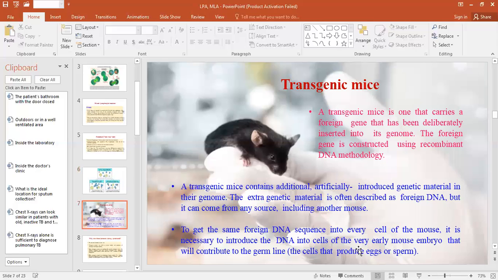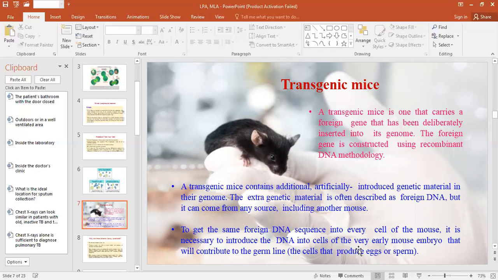Next, I'm coming to the transgenic mouse. A transgenic mouse is one whose chromosomes have been deliberately altered so that its genes contain foreign DNA.